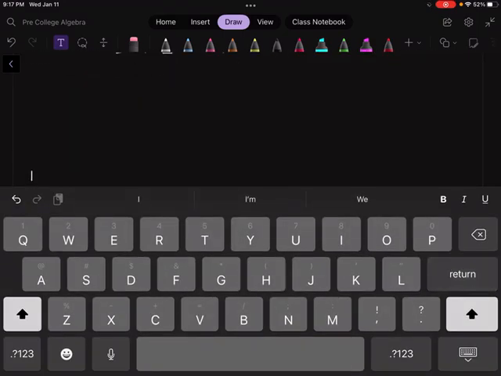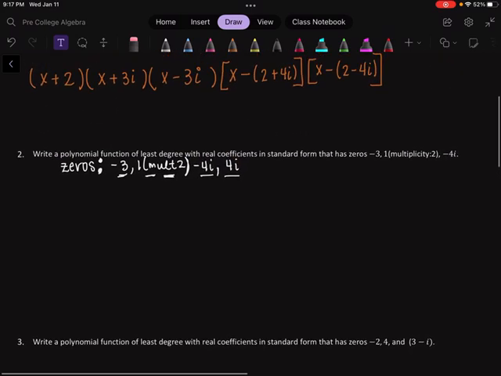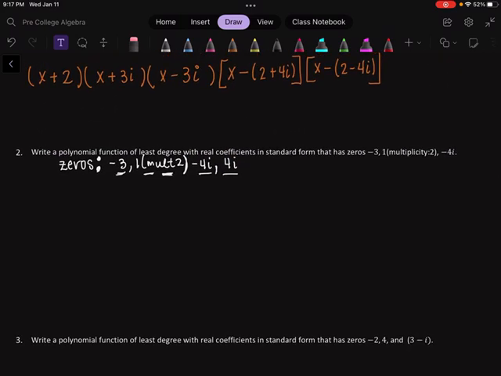And I know there should be plenty of space on your paper, but sometimes it doesn't show up as nicely, and my writing appears larger. So let's go ahead and set it up in factored form. What would that look like? That x minus 3 is x plus 3. That's one factor.